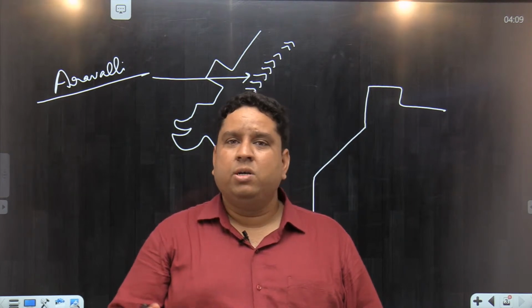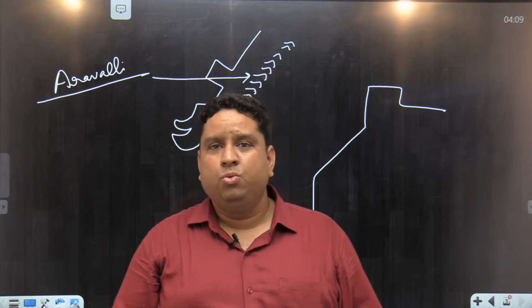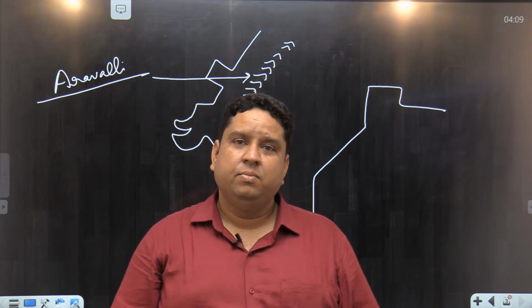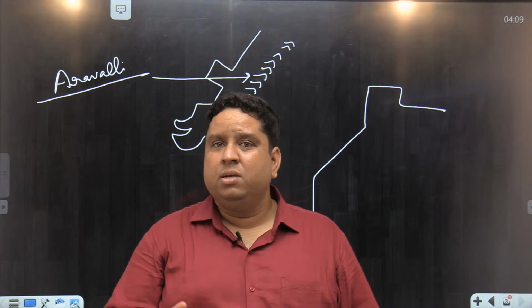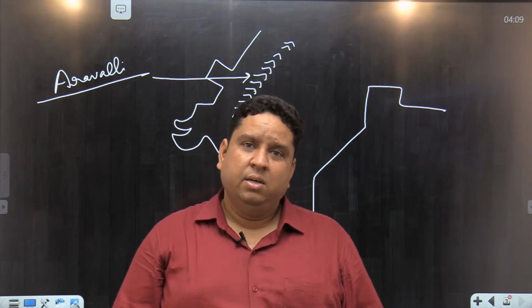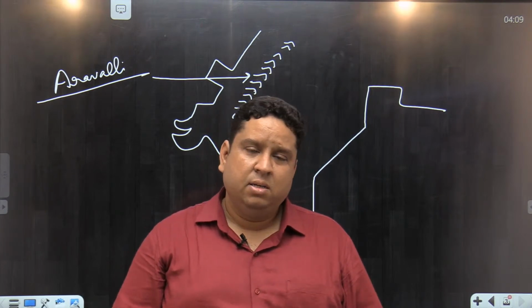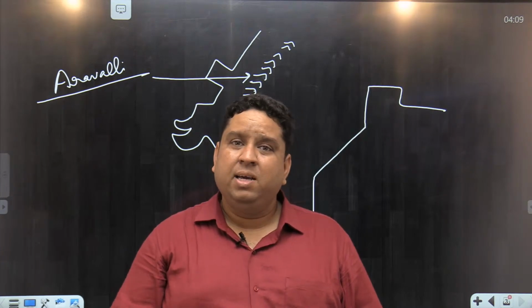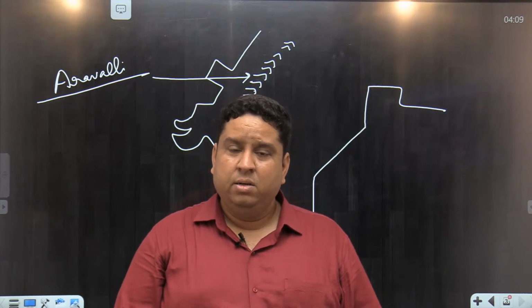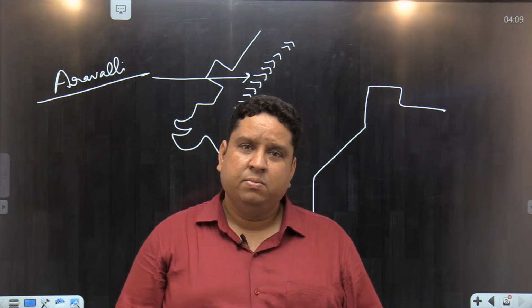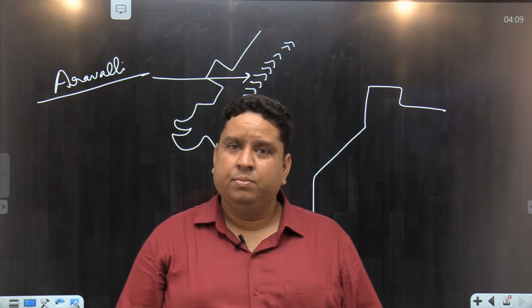It has important places like Mount Abu, Nakki Lake, and also rich mines of marble as well as copper. For example, the Khetri copper mine, one of the largest copper mines in India, is also located here.